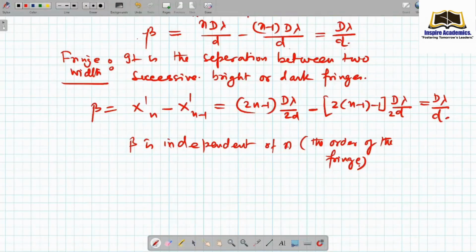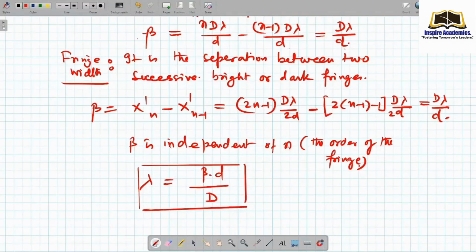In the case of light, lambda is extremely small, so capital D should be much larger than small d. Okay, is this clear or not? And if you want to know what is your lambda, so lambda can be known as beta times small d upon capital D. Clear? So this is what we have discussed today.